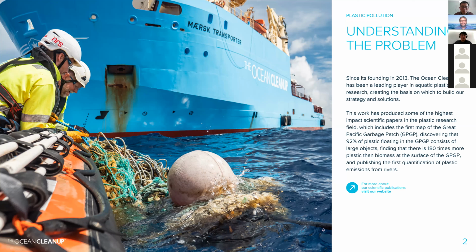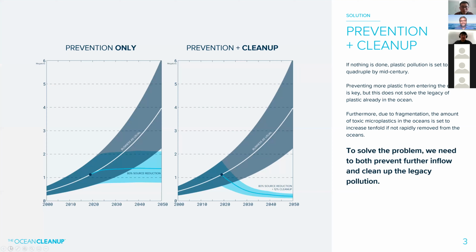We do a lot of research, and we publish peer-reviewed scientific papers. It's all open source, available for the entire scientific community, including on our website. And the aim is really to support the understanding of how we can best solve the plastic pollution.